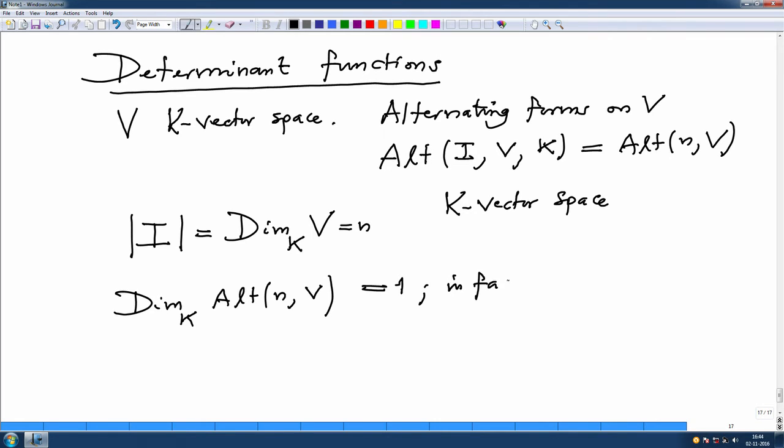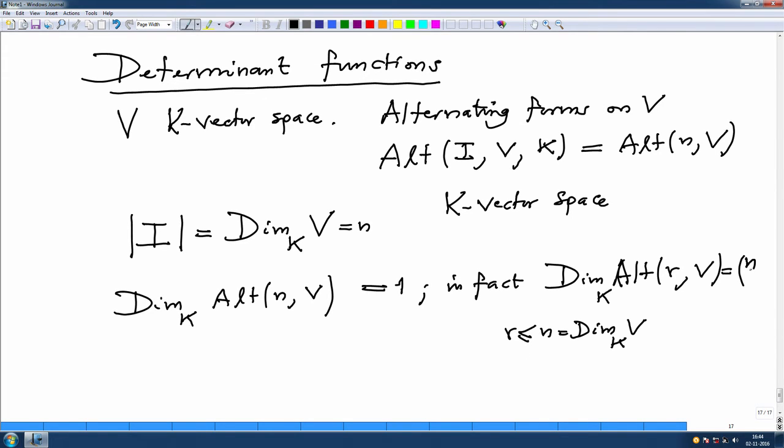I will not prove it in this course, but maybe in the next course I will prove that the dimension of Alt^R(V), where R is smaller or equal to the dimension, is n choose R. When R is more than the dimension, then we know it is the 0 vector space. The R equal to n case is what we are going to do, that is n choose n is 1.